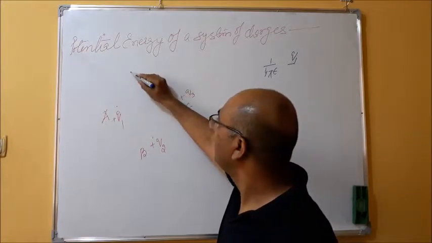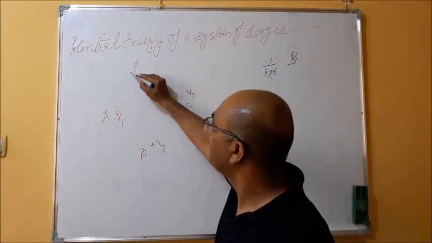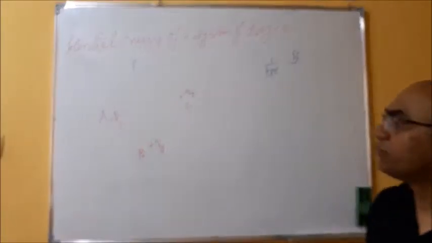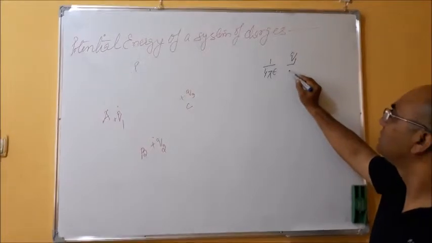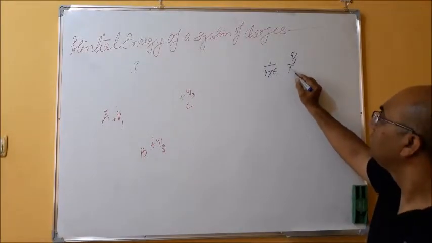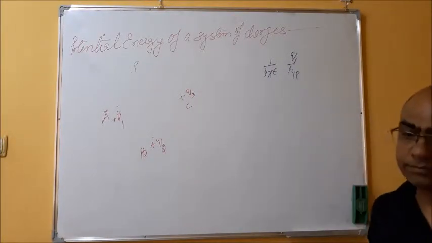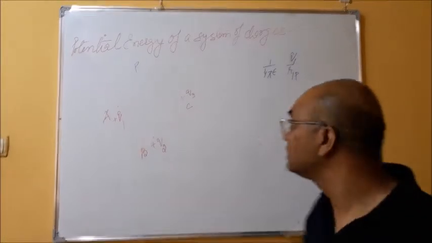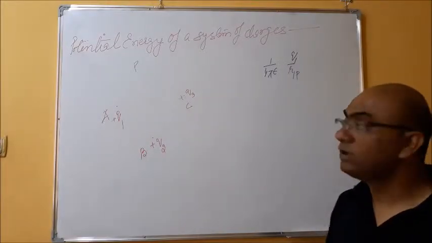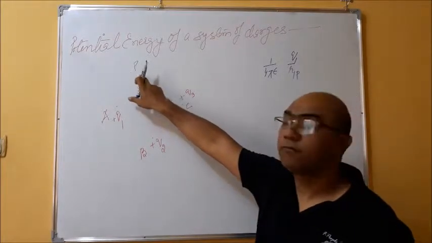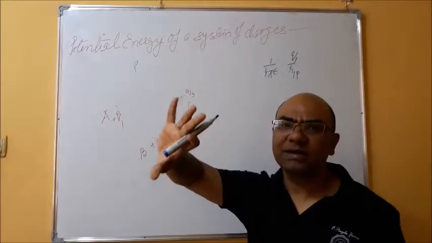In general, this is any point P. So with reference to this point P, the value is Q1 upon R1P, right? So this is the potential with respect to this reference point P. I am supposing any general reference point P.